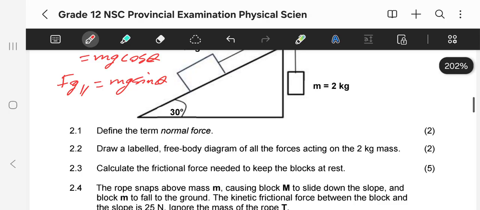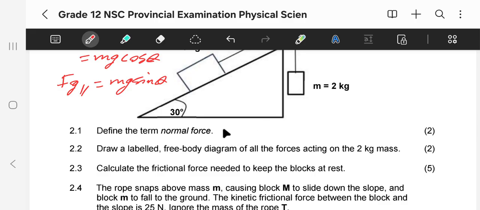They're saying define the term normal force. Normal force is a force or a component of a force that is exerted by a surface on an object which it is in contact with, and it is perpendicular to the surface.